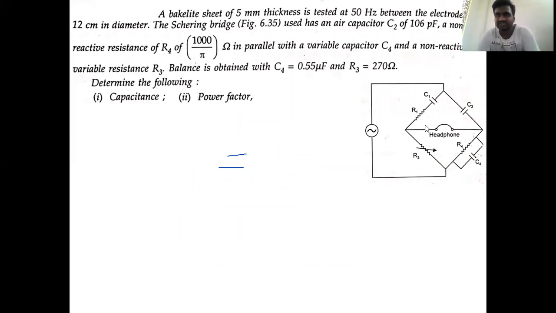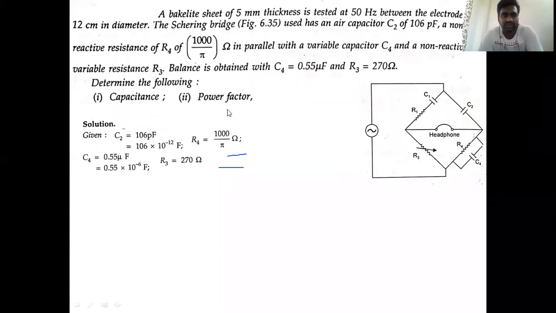The capacitance C2 is 106 picofarad, and the non-reactive resistance R4 is 1000 divided by pi ohms, in parallel with a variable C4 and a non-reactive variable R3. Balance is obtained when C4 is equal to 0.5 microfarad and R3 is equal to 270 ohms. So determine capacitance and power factor. This is the given data we have.